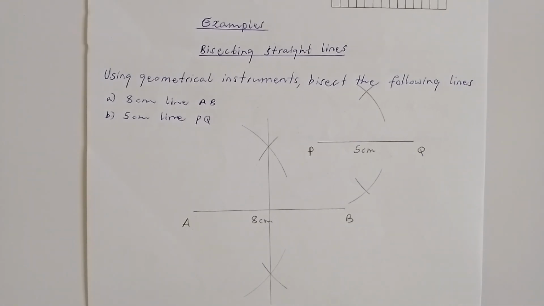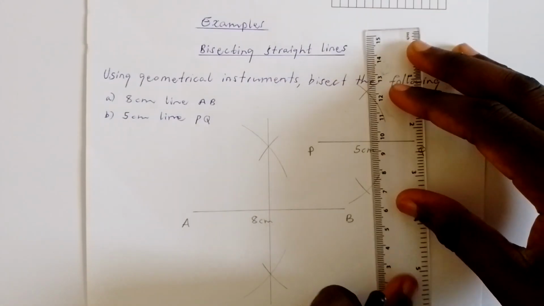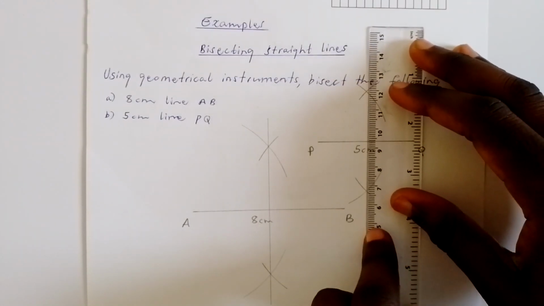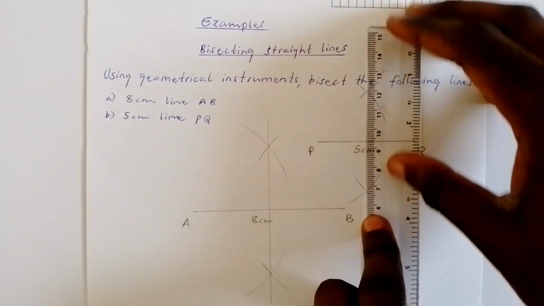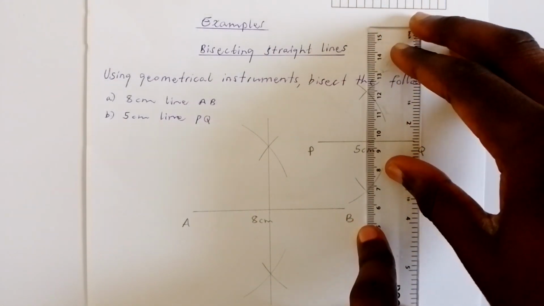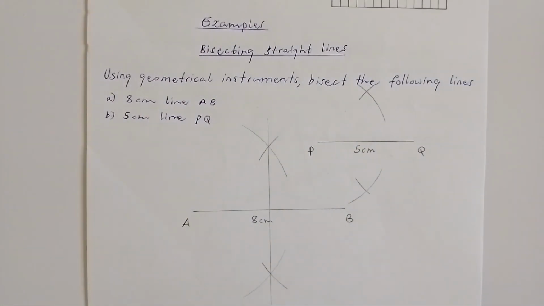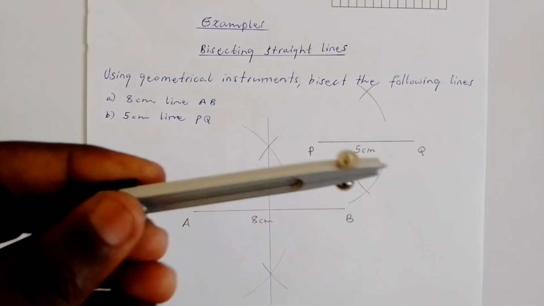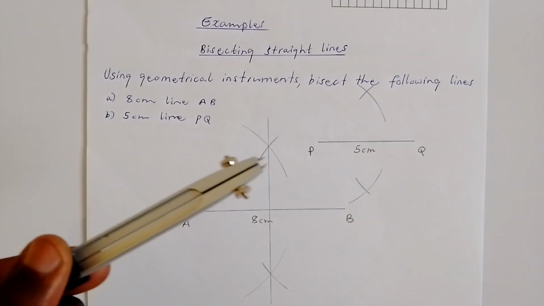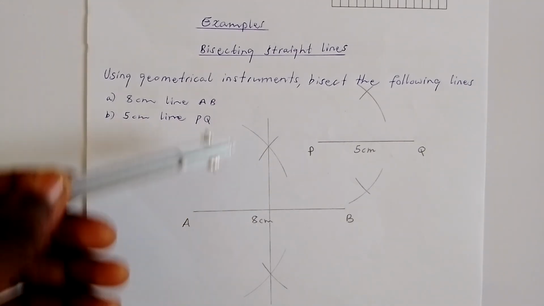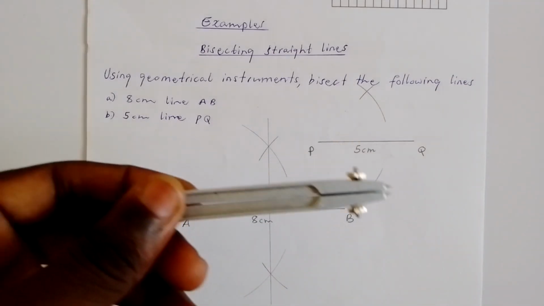So again, you get your compass, your ruler, and you place it. Remember earlier I mentioned the use of this, we call it a divider. You can use it as well. In the first example here I never used it, now I want to use it so that you can see how it works.